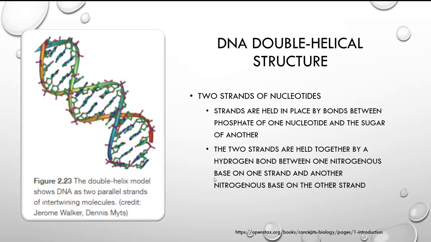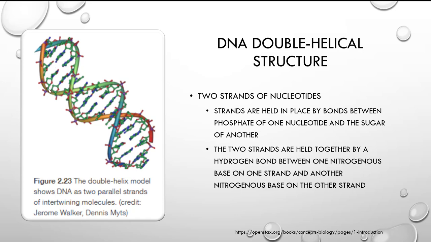So let's talk about DNA first. DNA is 2 strands of the DNA molecule, wound together in a double helix. Okay, so we have 2 strands of these nucleotides, these subunits, and they're held in place by basically a bond.